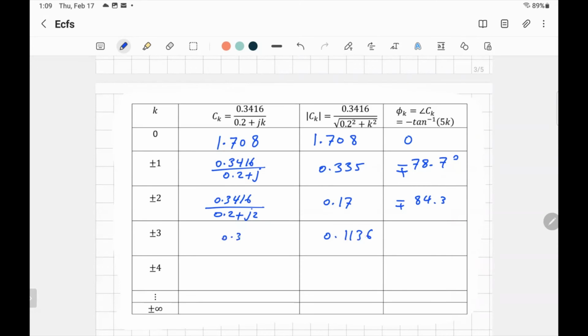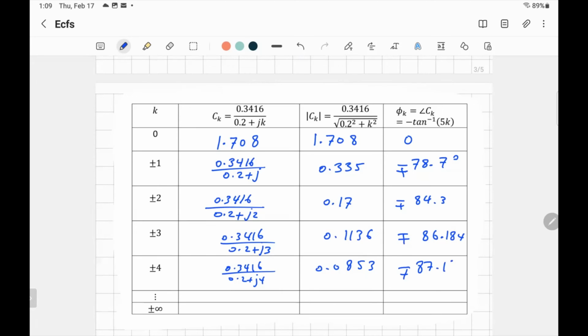That's the same thing, 0.3416 divided by 0.2 plus J3, and 0.3416 divided by 0.2 plus J4. That's the magnitude, as usual. When K increases, the magnitude decreases, and the angle has a different rule. It doesn't have to decrease. Negative 86.84, positive, negative 87, positive. So you can see the angle is around 80 to 90, between 80 and 90.